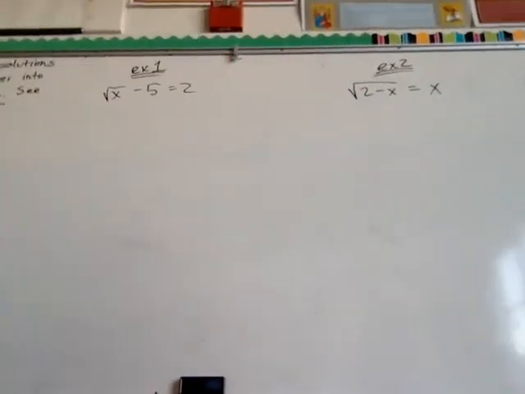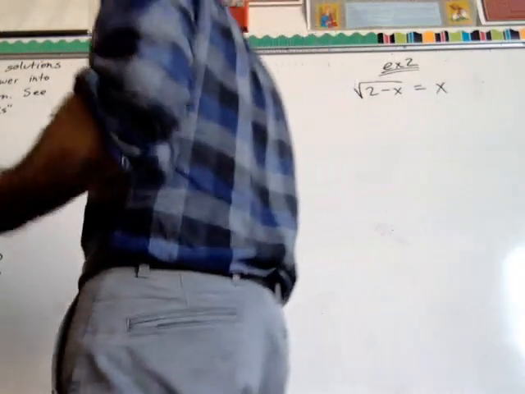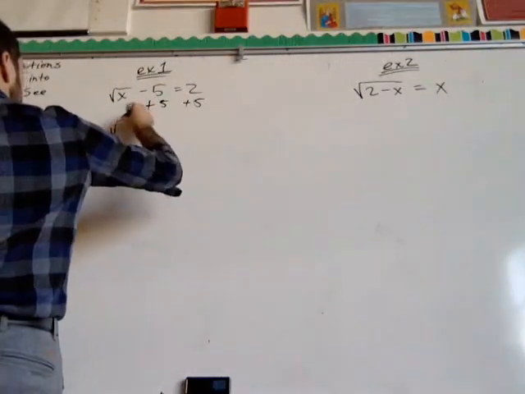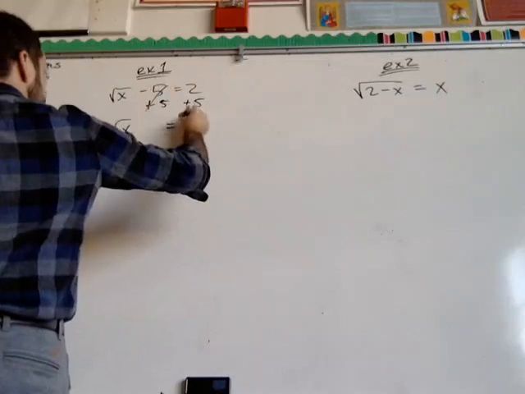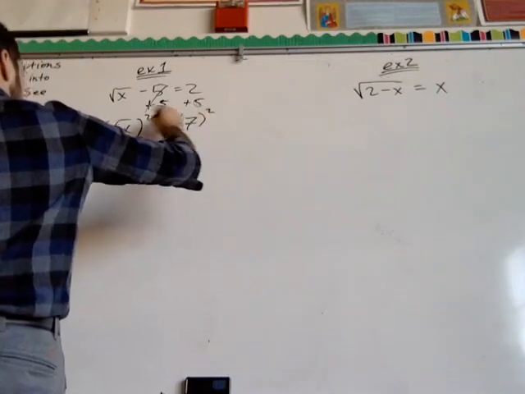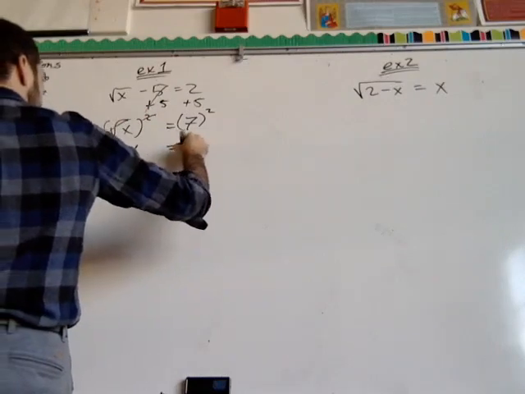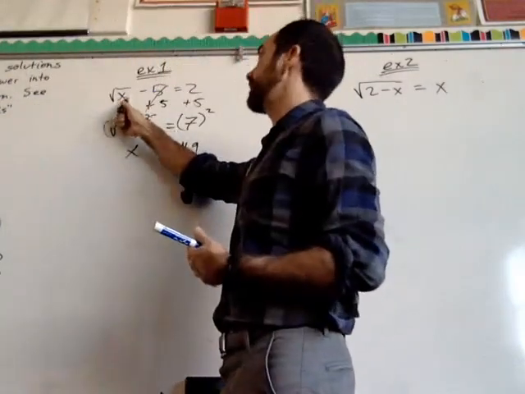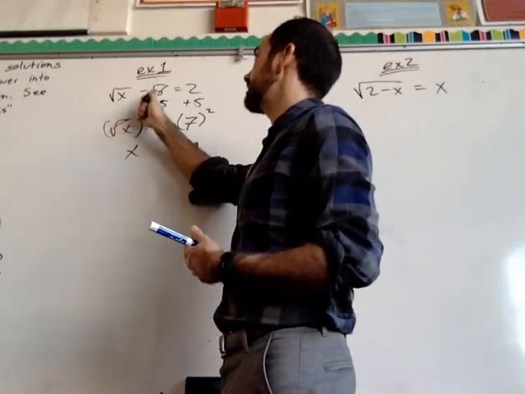Okay, I'm actually going to skip example 1 for you to do. I'll just reiterate the same thing. It's very similar. It's add 5, add 5. Seeing that we may not need 2 exactly like this. Square. Okay, we have x equal to 49. Let's plug it in. Square root of 49 is 7. 7 minus 5? 2.